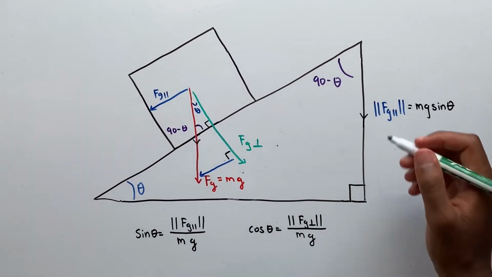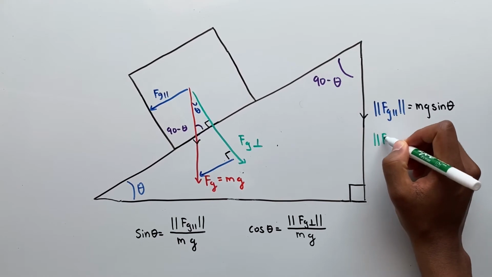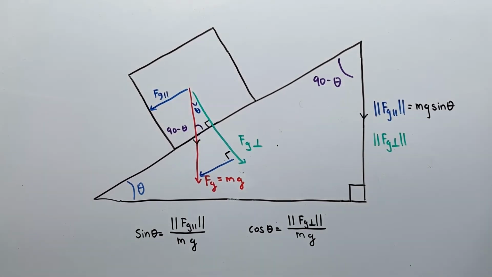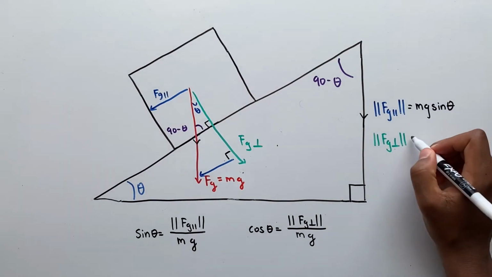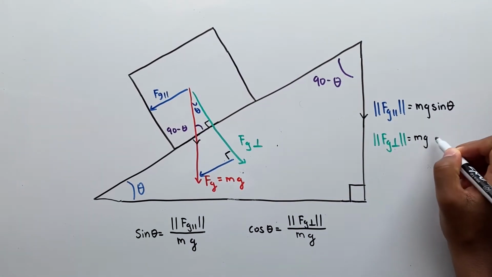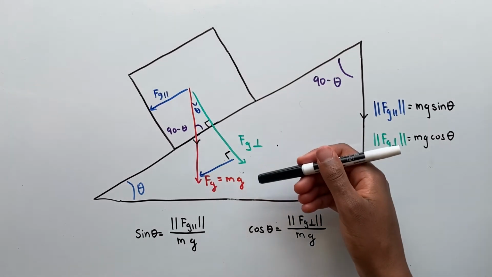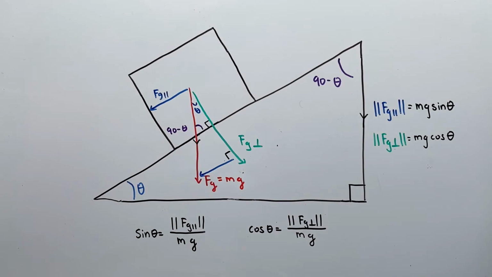And we get that the magnitude of the force of gravity that is perpendicular to the surface is equal to the mass of the object times gravity times cosine of theta. And now we have two formulas that help us determine how much force due to gravity is being pushed into the ramp and how much force is allowing the object to accelerate down the ramp.